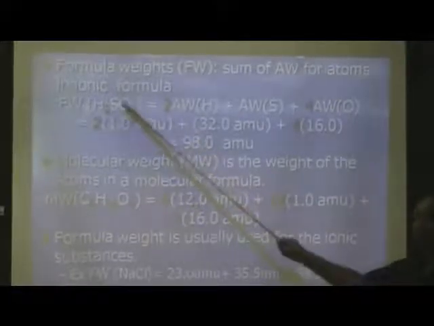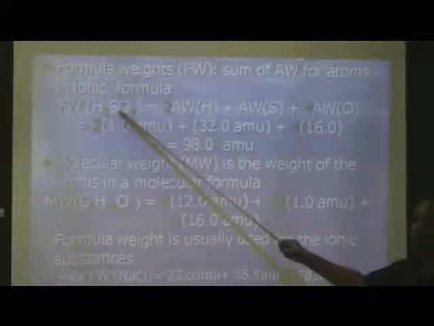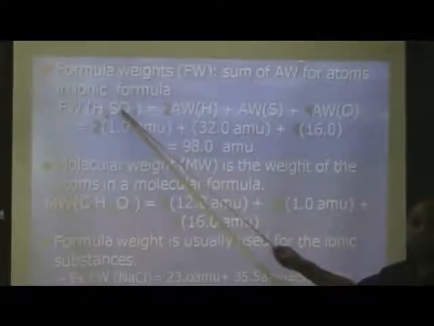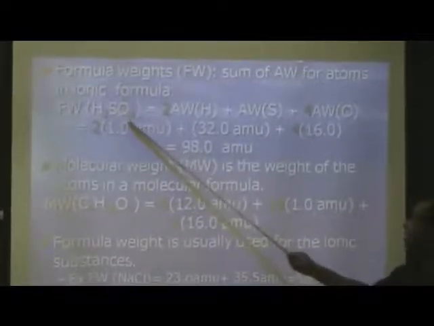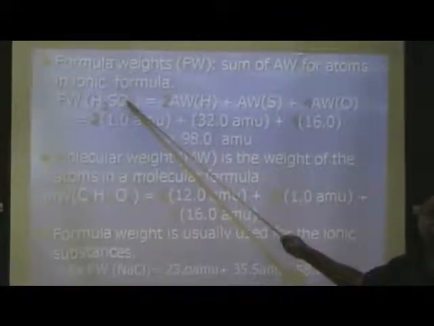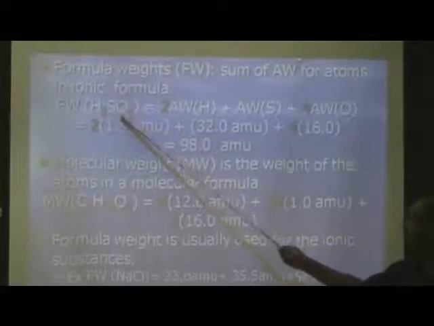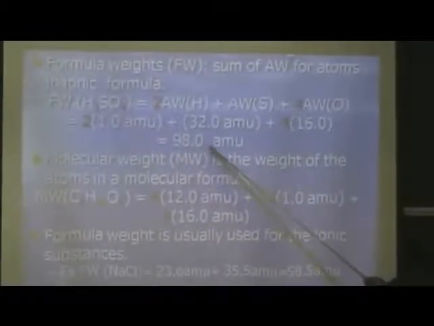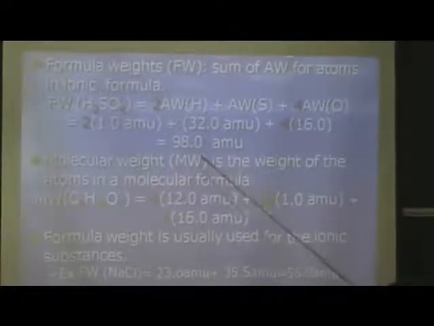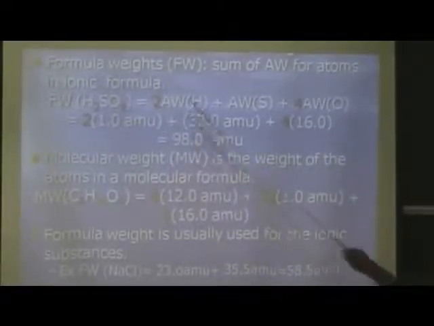Sulfur is 32, times 1, since there's only 1 sulfur. Oxygen, how many do you have? 4. Multiply 4 by 16, the atomic weight of oxygen. Add this up and you get 98 amu. That is the formula weight of sulfuric acid.